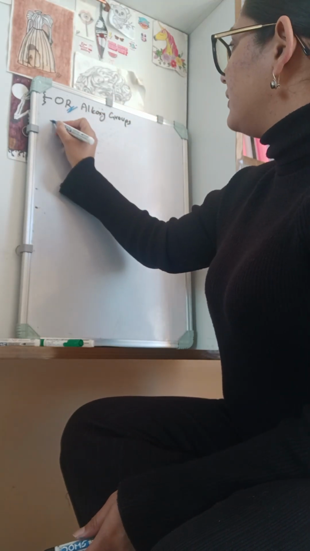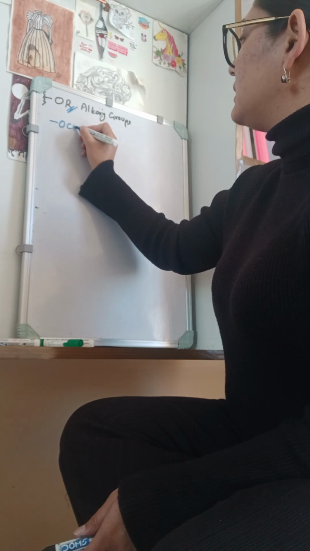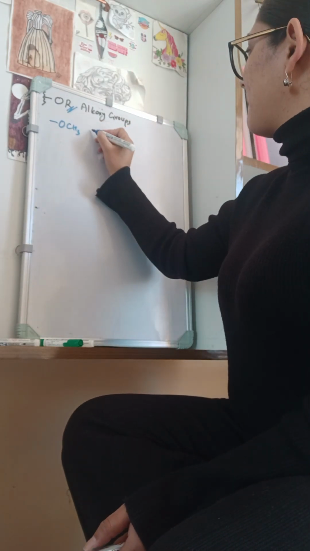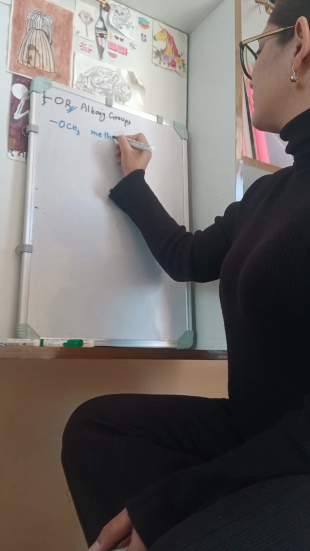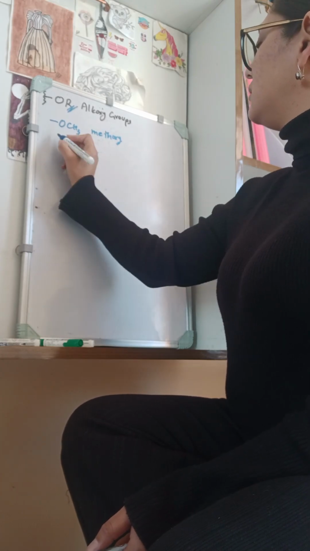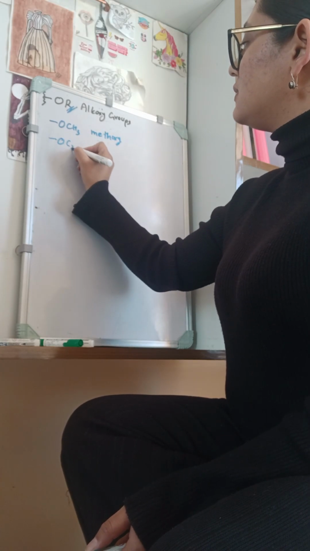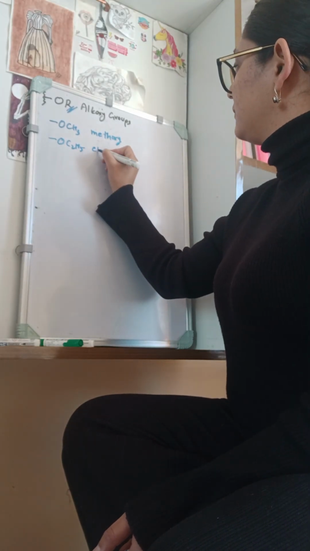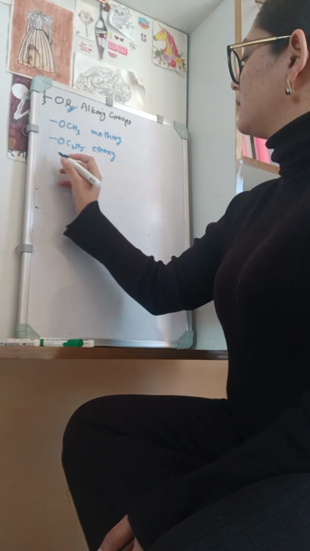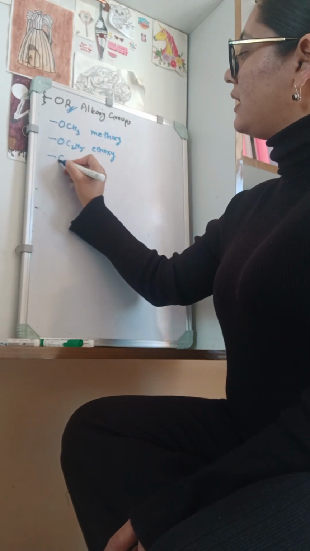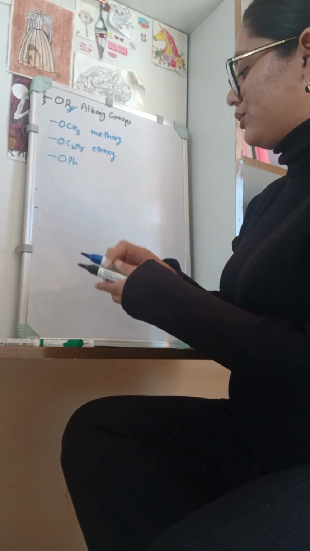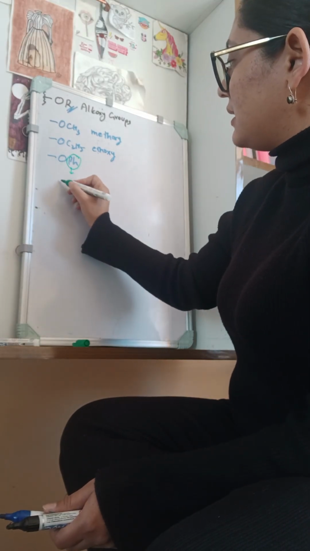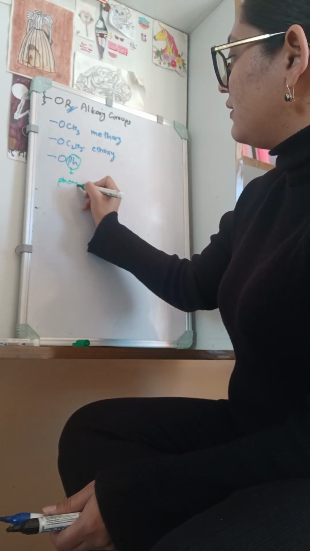For example, if we have OCH3, this will be called methoxy. OC2H5 will become ethoxy. Similarly, if we have OPh, this Ph is basically a representation called phenyl.